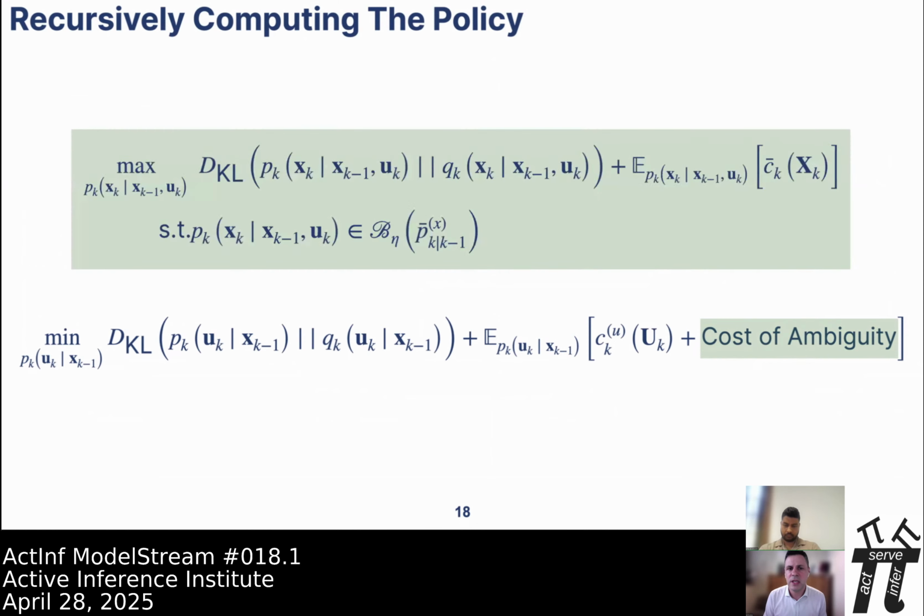We call it the cost of ambiguity because it comes from an optimization problem, the maximization step in the environment space that I mentioned before. But this cost is there just because there is ambiguity. If there was no ambiguity, we would not have this step, and we would recover classic, ambiguity-free methods.